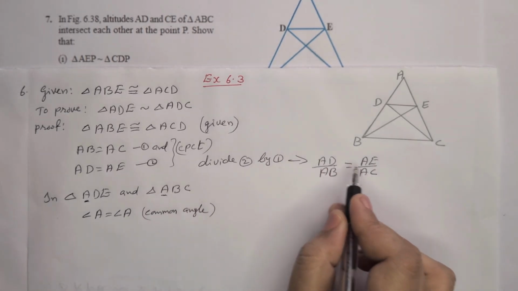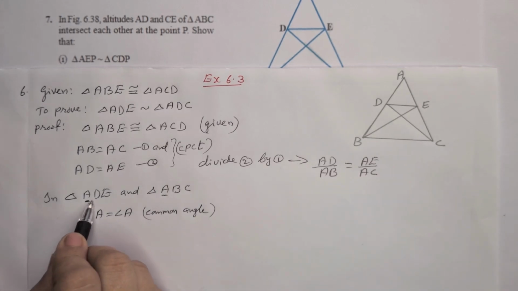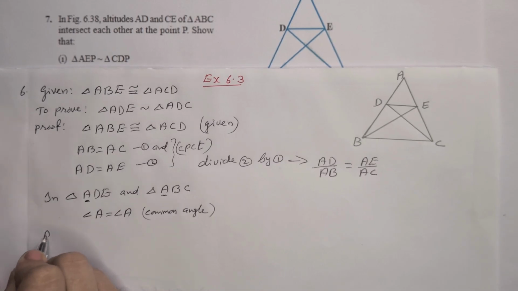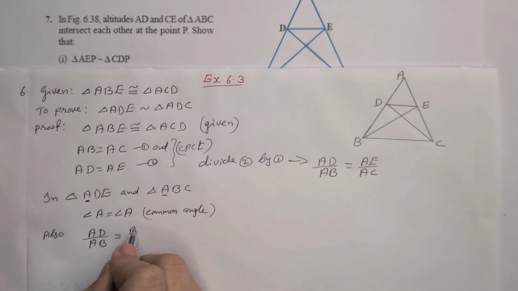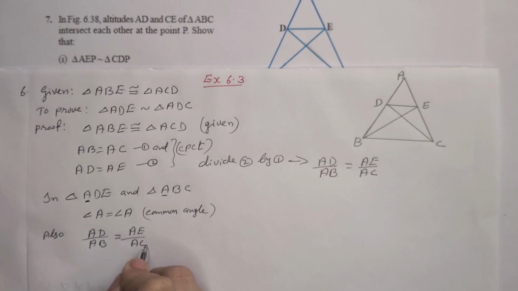Then already we proved two sides are in ratio: AD by AB is equal to AE by AC.